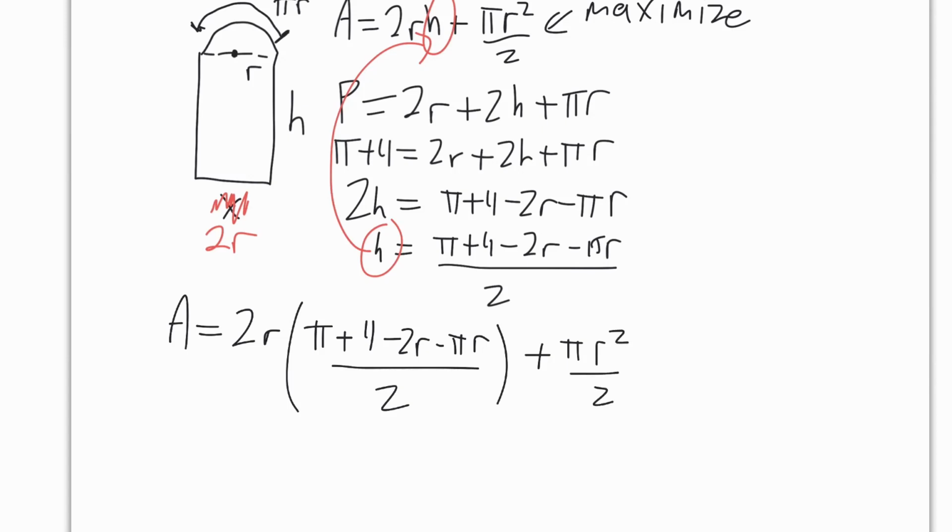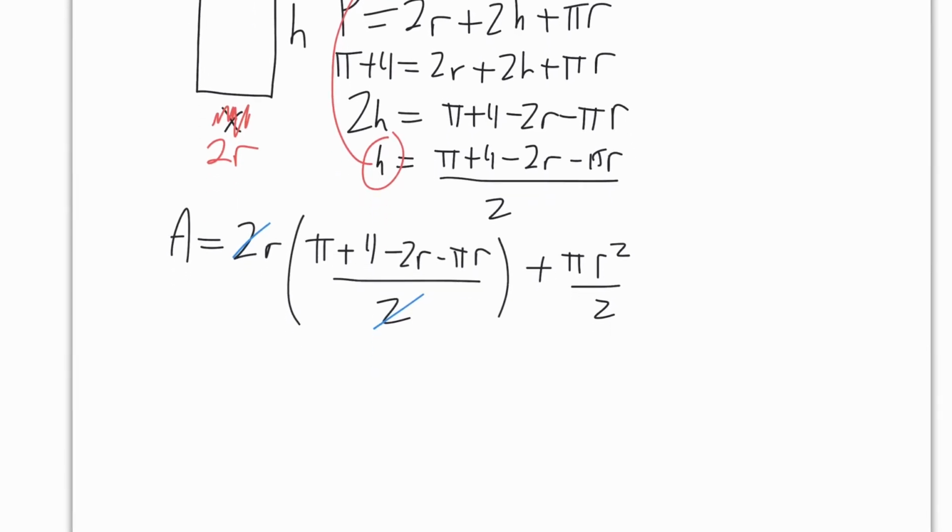And while, again, this is in terms of only one variable, we should try to simplify it before we get too far. So we'll cross off the 2's, and we could multiply in that r.